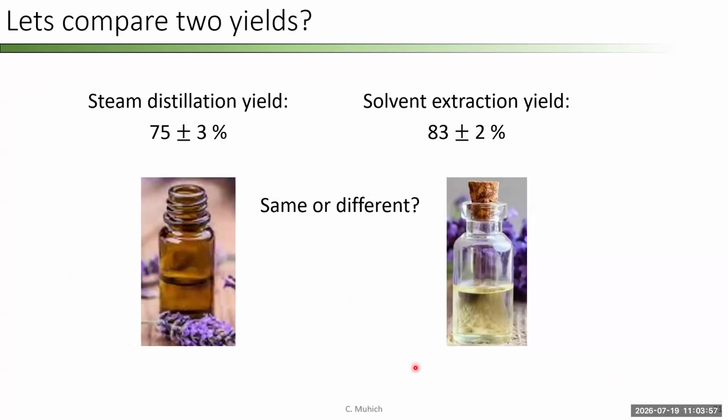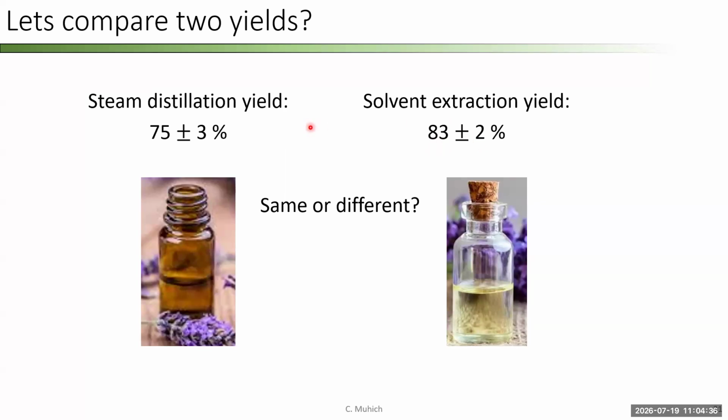Okay, so let's compare 2 yields. I have, once again, these 2 bottles. One has been made via, say, steam distillation. I've done steam distillation a few times and I get an average of a 75% plus or minus 3% yield, where that 3% is the standard deviation. When I do solvent extraction, I get 83% plus or minus 2% yield.